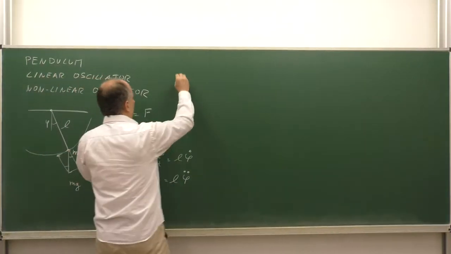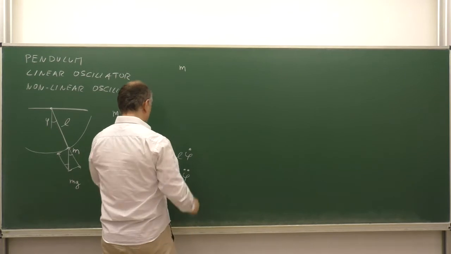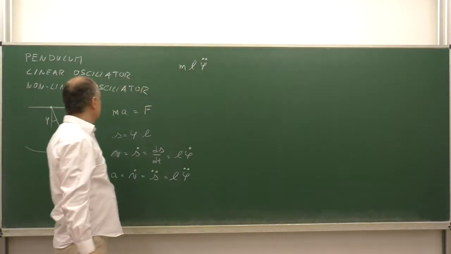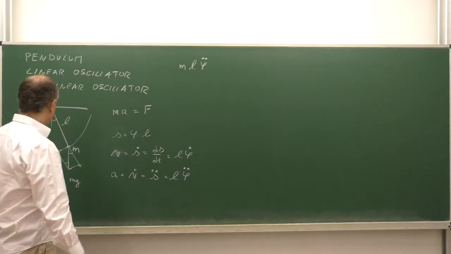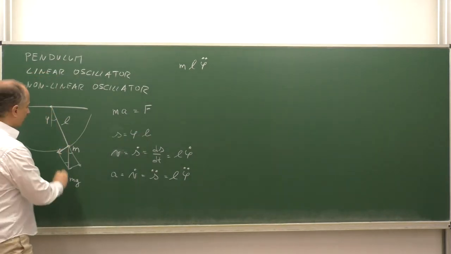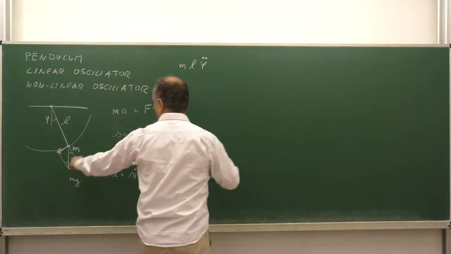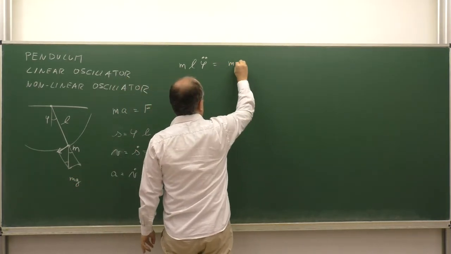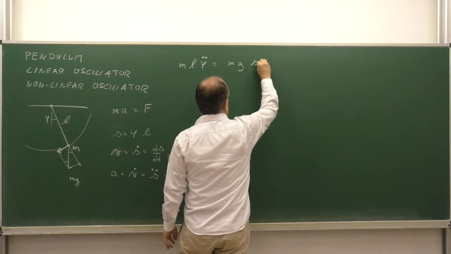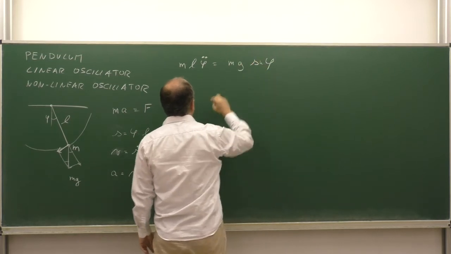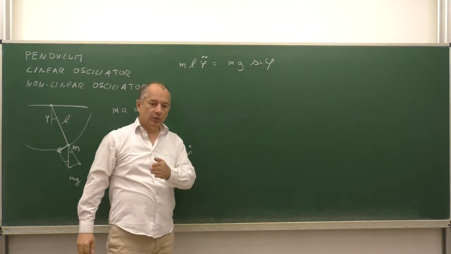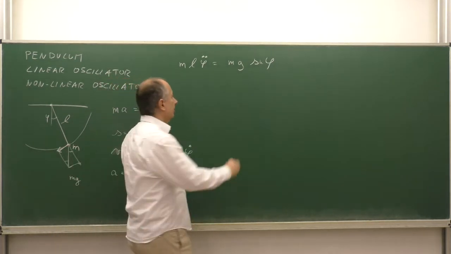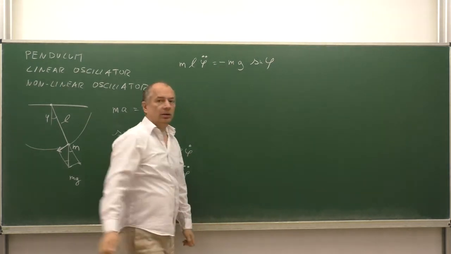So we have m a, that means m L phi second derivative, equal to the force, and this is this component of the weight of the bob, which is m g sine of phi. And because displacement to the right results in the force to the left and vice versa, we write minus.